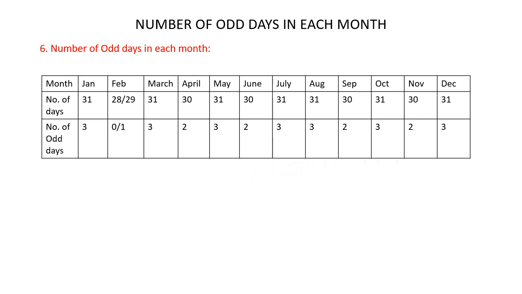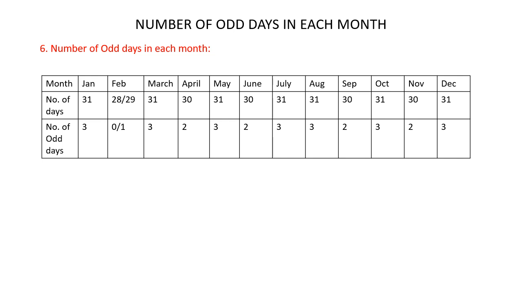you'll see that the months having 31 days will have 3 odd days. The months having 30 days will have 2 odd days. Now, February is an exceptional case. It has 0 odd days in an ordinary year because February has 28 days in an ordinary year.